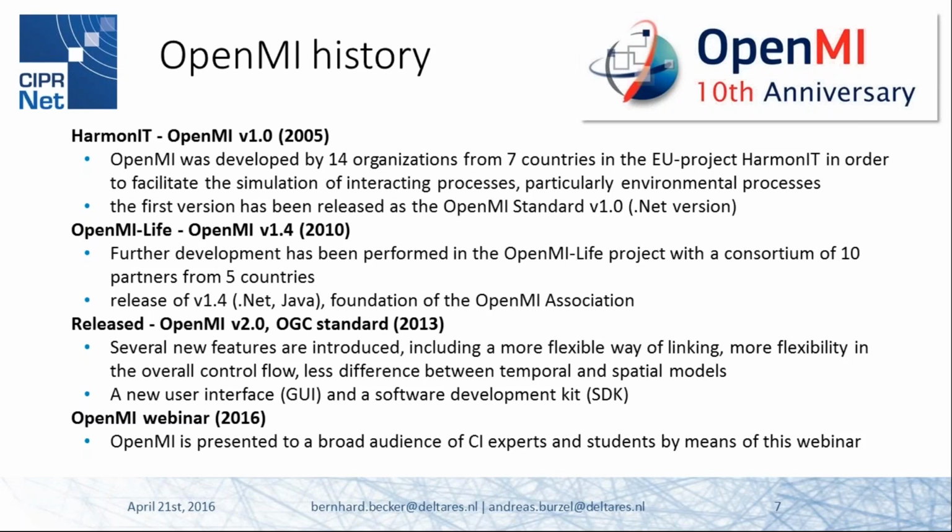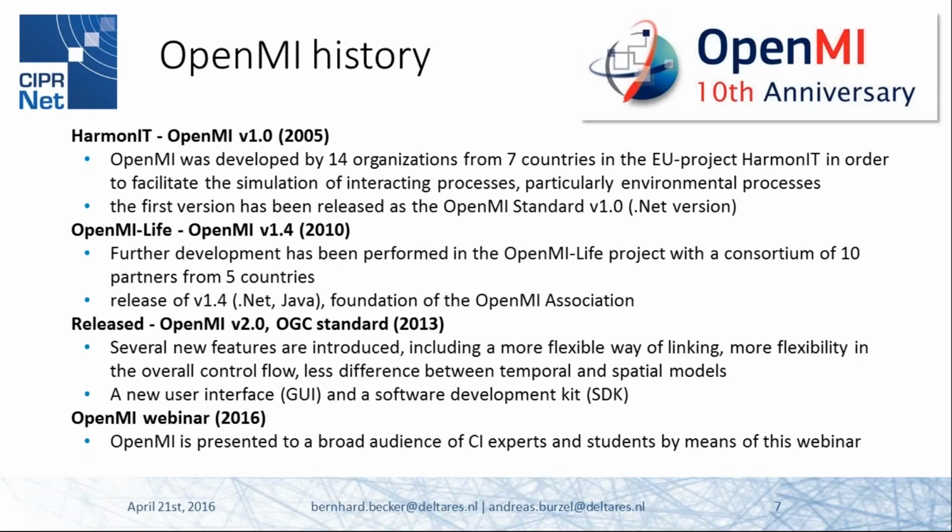The first version was released as the OpenMI standard 1.0 in a .NET framework. There was a follow-up project, OpenMI Live, which resulted in further developments in a smaller consortium of 10 partners from 5 different countries, and the release of OpenMI 1.4. It's available in .NET and Java, and it also led to the foundation of the OpenMI Association.